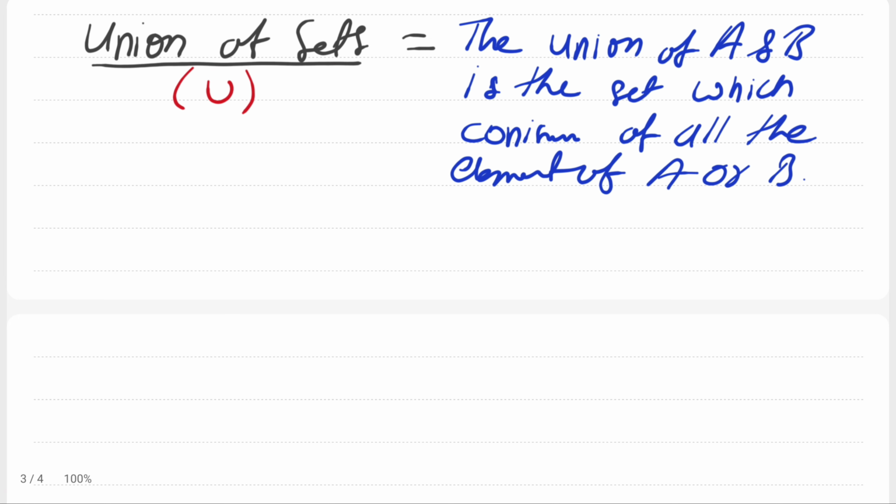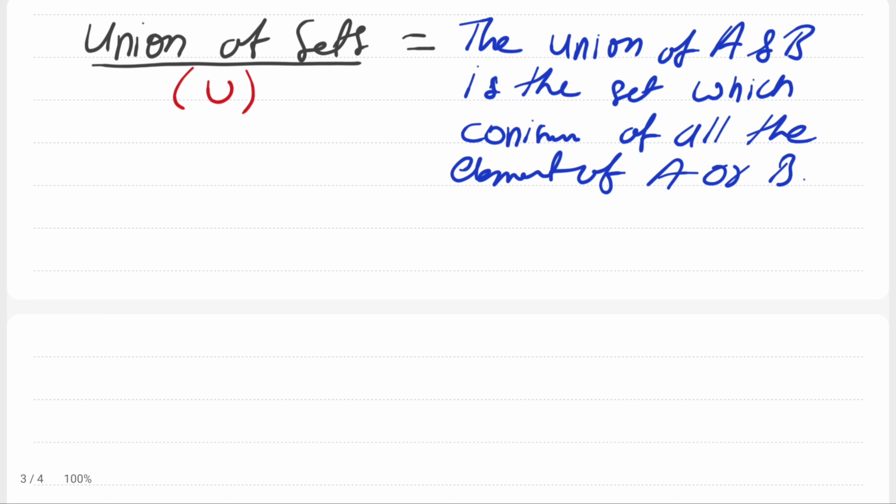What do you understand by it? The union set means a set which contains all the elements of A and B. There are two sets, A and B, and the union is the set which contains all the elements of both A and B.